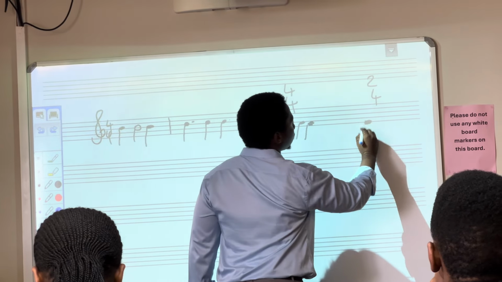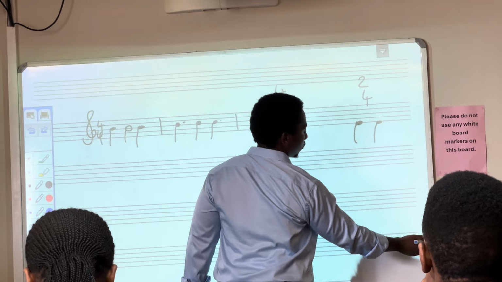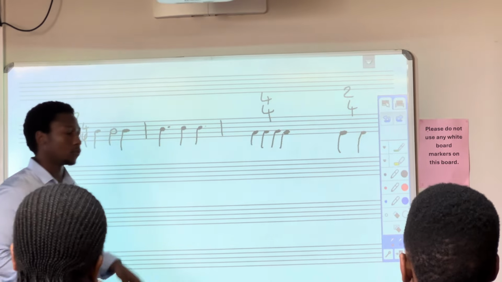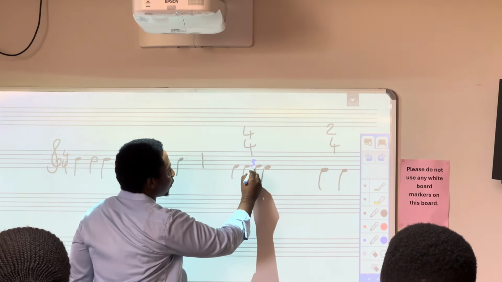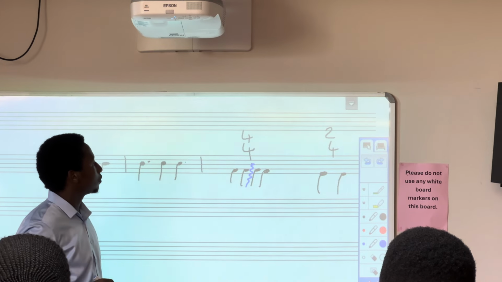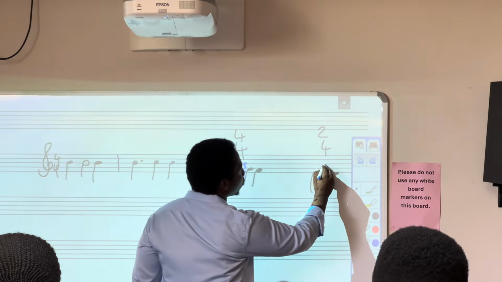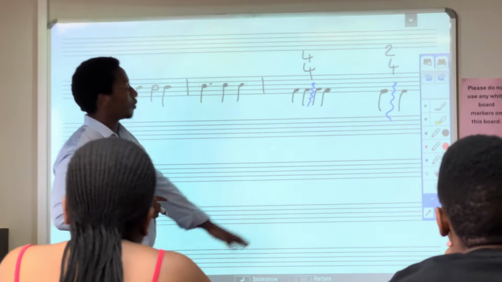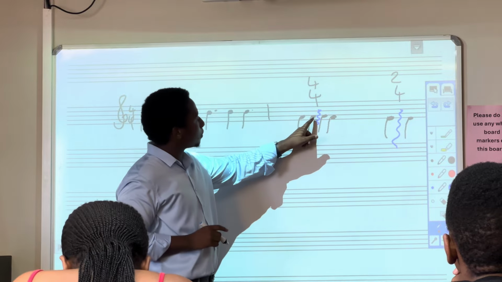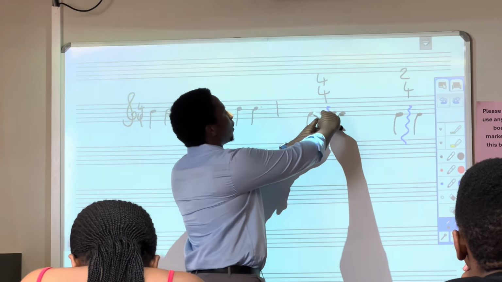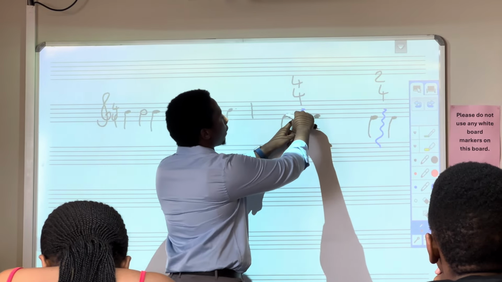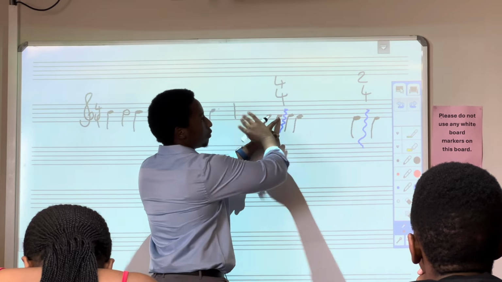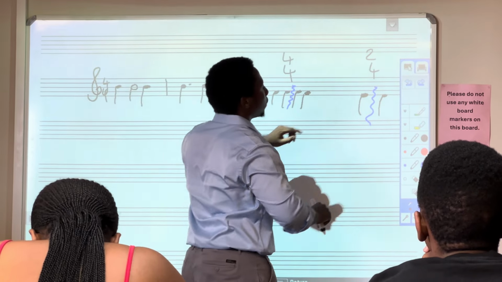Here you will have 1, 2. Do not have a note value that crosses this. Same thing for 2/4, do not have a value that crosses there. Meaning, should I have a note that comes from here that exceeds this or that goes into beat 3, but written here, it should not be allowed. It needs to be split.